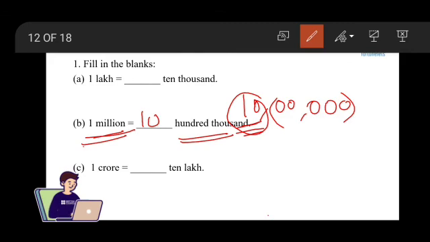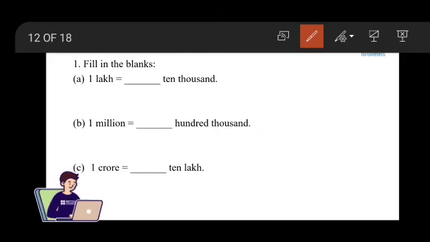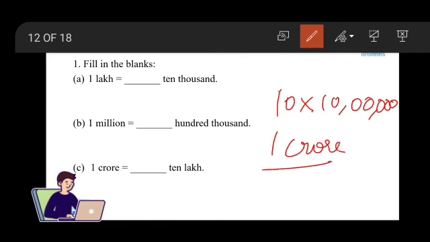Now let's move on to the third problem. The third problem is 1 crore equals how many 10 lakhs? We know that 10 multiplied with 10 lakh gives 1 crore. If we multiply 10 with 10 lakh, we get 1 crore.